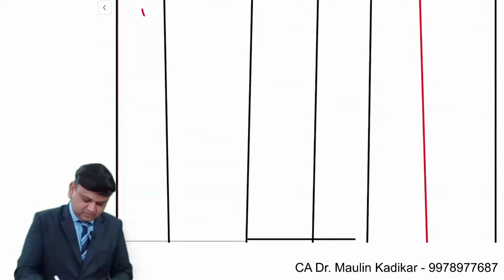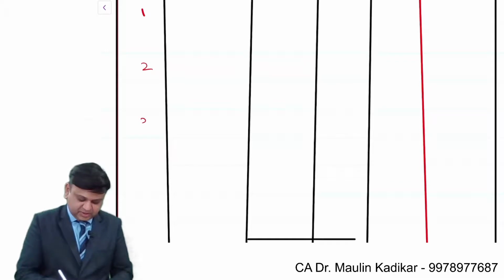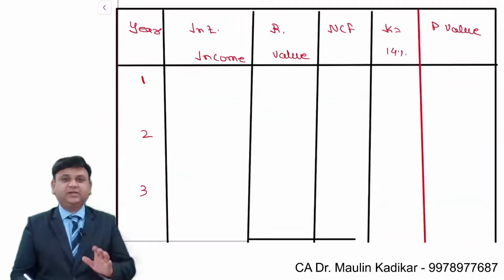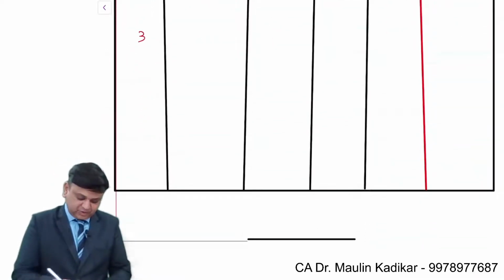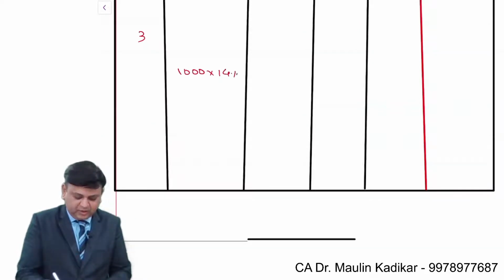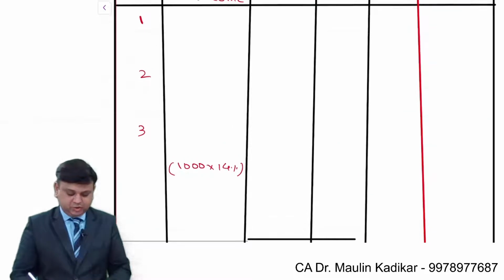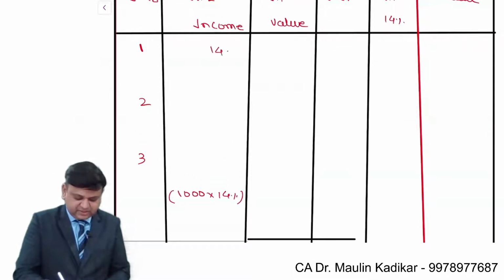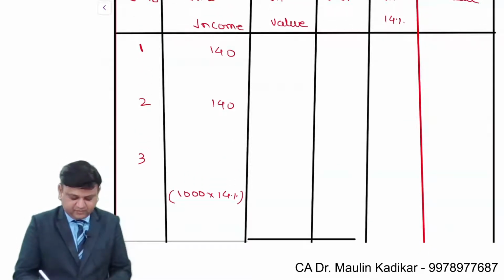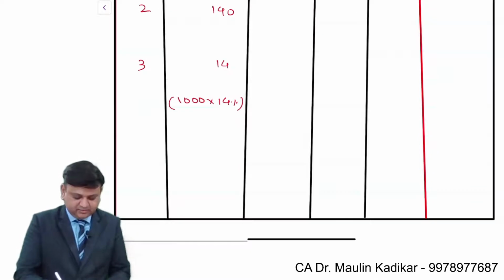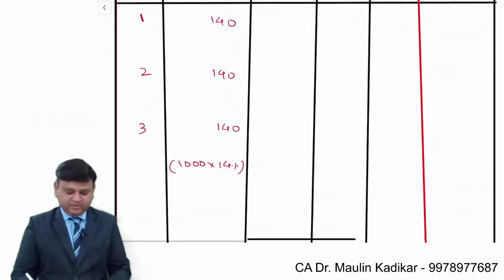First year, second year and third year, every year you will receive the interest income. So it is 1000 into 14%. The interest income is 140 in the first year, 140 in the second year and 140 in the third year.